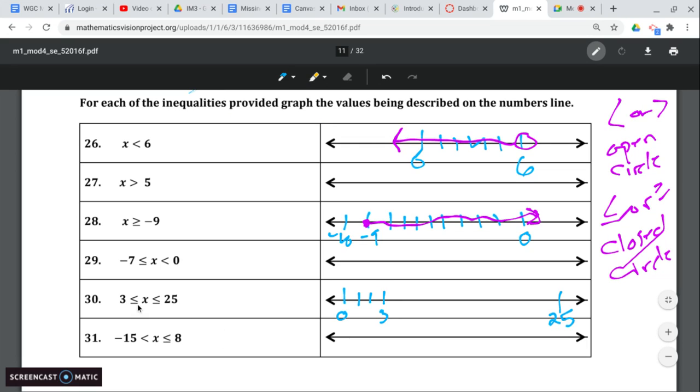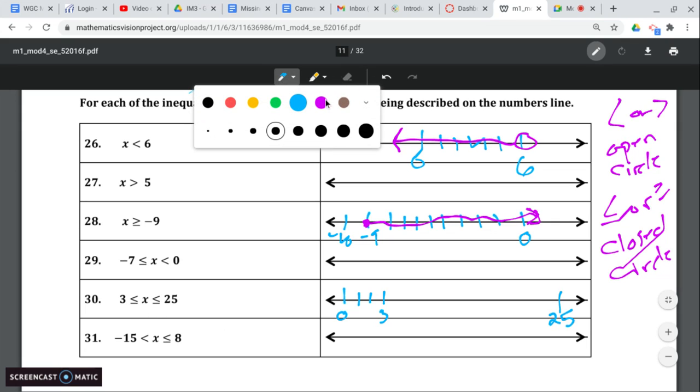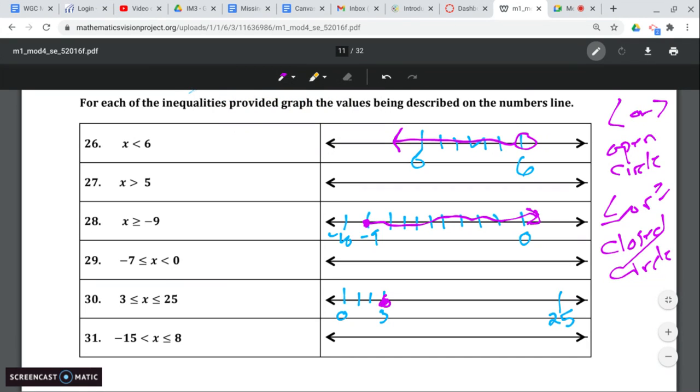So they both have the equal to, so that means we're going to have closed circles for each of these. So a closed circle at 3, a closed circle at 25, and x is less than 25, so it's going to go this way, but x is greater than 3, so the space in between is where x exists.